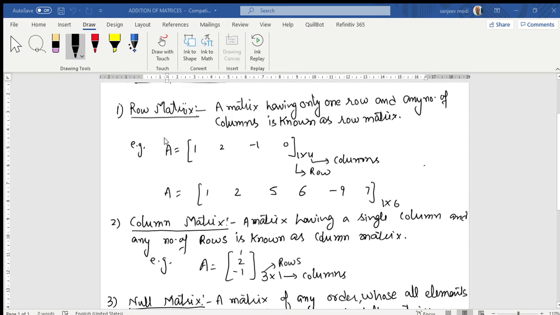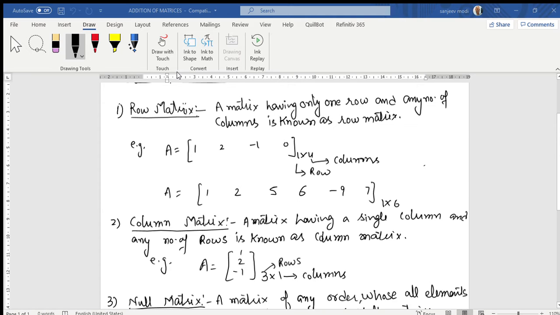Here this is known as the main diagonal, or principal diagonal, or this is known as off diagonal.